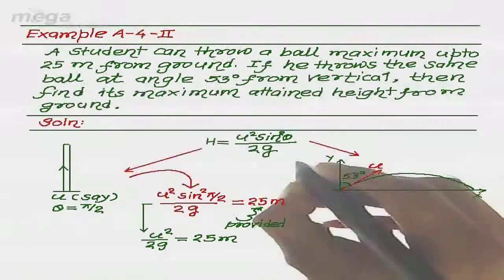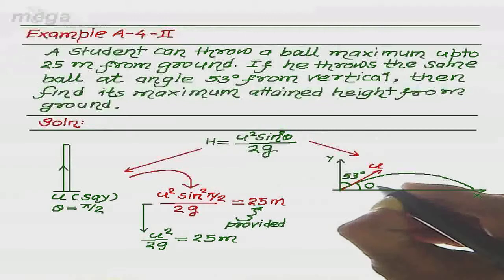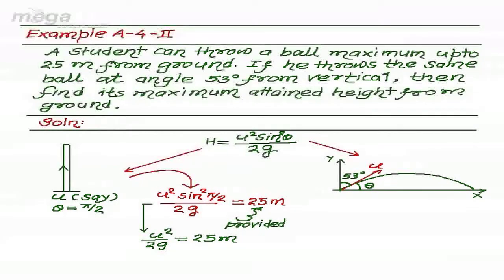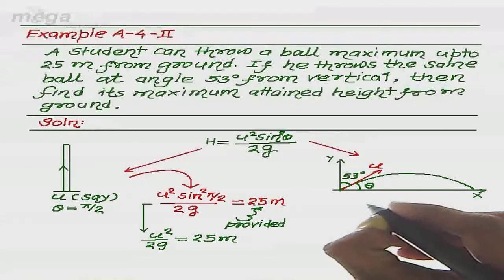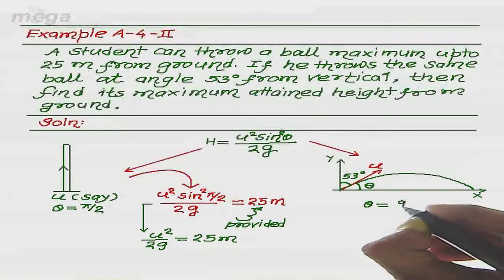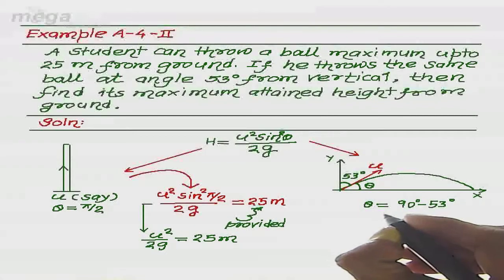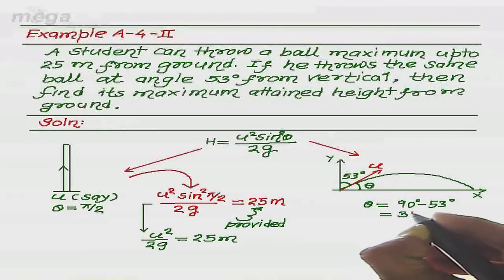In this formula we have angle of projection with the horizontal, so we can easily say that theta here is 90 degree minus 53 degree, meaning 37 degree.